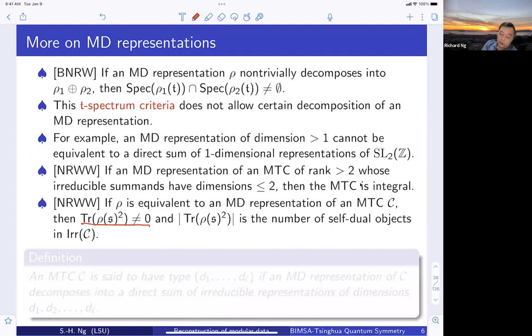Rho of S squared is a sign times the charge conjugation matrix, so the absolute value of the trace of S squared is the number of self-dual objects of C. The unit object is always one of them, so it is always non-zero. This provides another condition for an MTC representation. So not every representation of SL2C, or even of the modular group, can be realized.